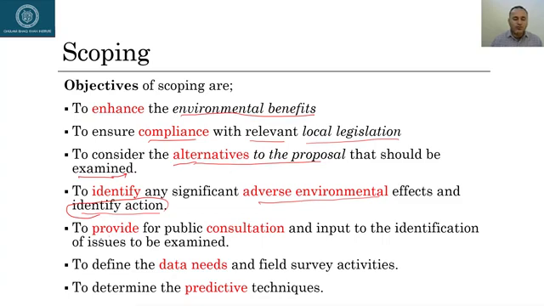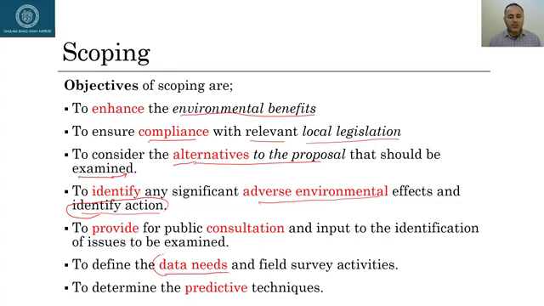Okay, to provide for public consultation and input to the identification of issues to be examined. So scoping actually provides an opportunity for the public to provide their input, to define the data needs and field survey activities. Scoping actually defines the data needs.